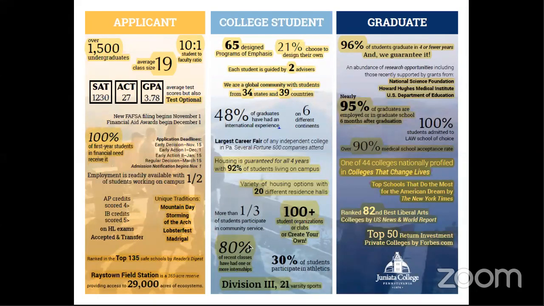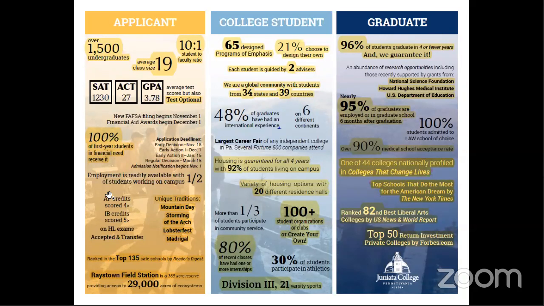80% of the recent classes have had one or more internships. Another strong point of Juniata is that it gives very strong internship opportunities to the students. We have had students who have had multiple internship opportunities in one given year.